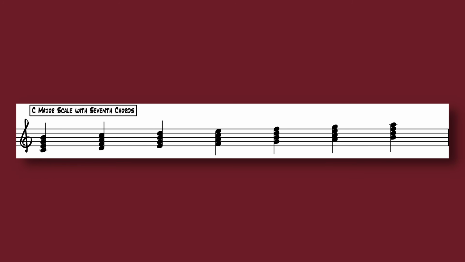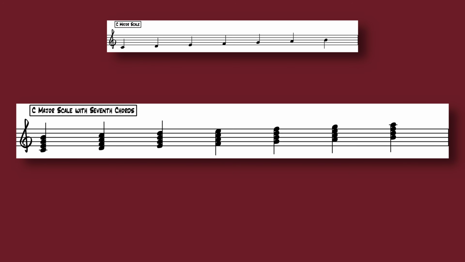You might have already heard that in jazz we don't only use triads, we use 7th chords. For that, we add a 4th note on each triad and again skip one note in between the chord tones. For C major, we skip A and add B. And for D minor, we skip B and add C. So to summarize, we took the C major scale and on every degree, we stacked 4 notes on top of each other, always skipping one note in between.